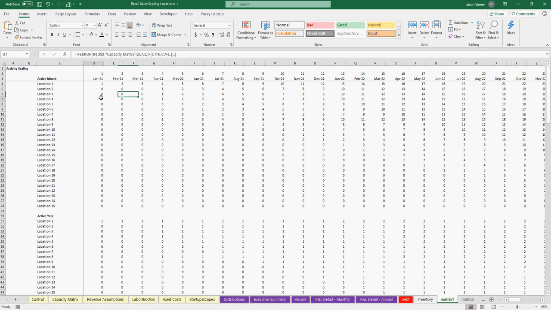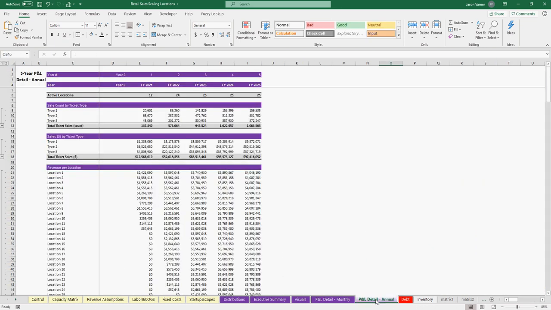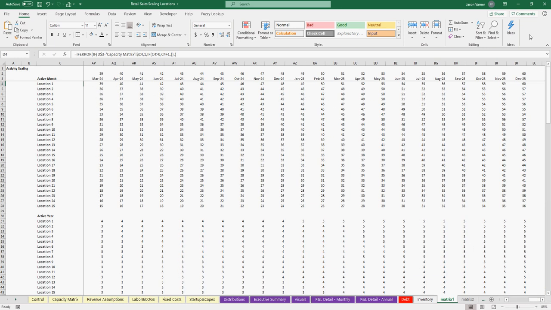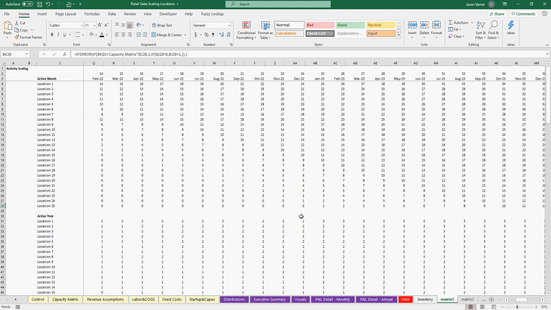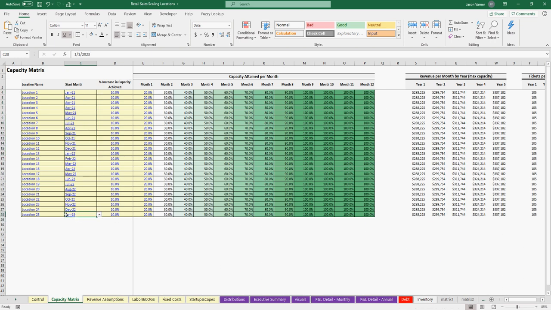So all it does is it figures out based on what's entered here when to start counting, and then it just goes and it starts counting 1, 2, 3, 4, etc. all the way to the last month of the forecast, and you see some make it to year 5. This one only made it to year 3 because that location wasn't open until January 2023.